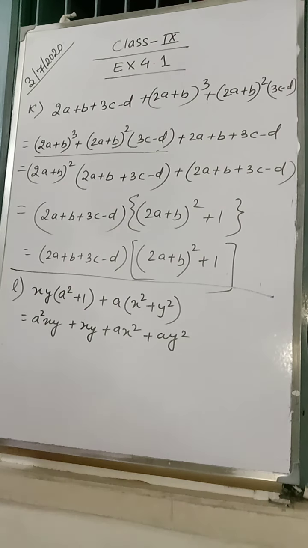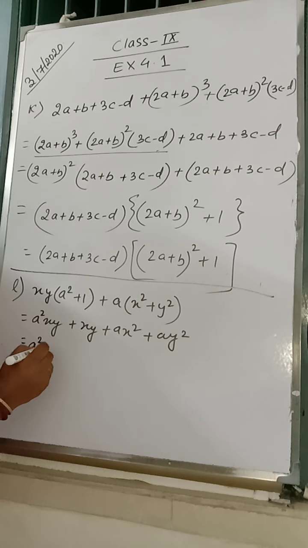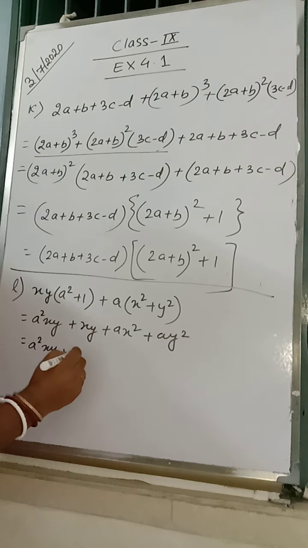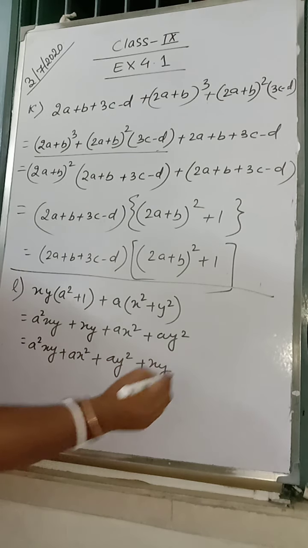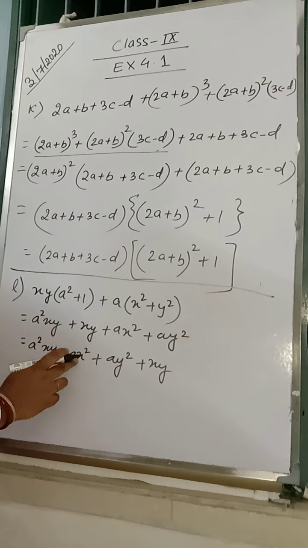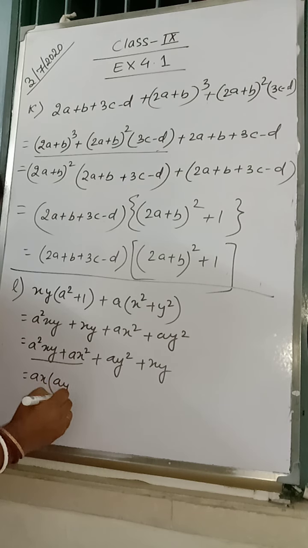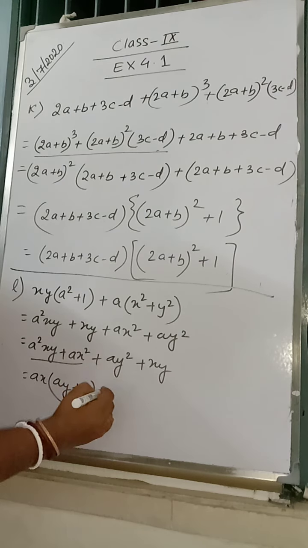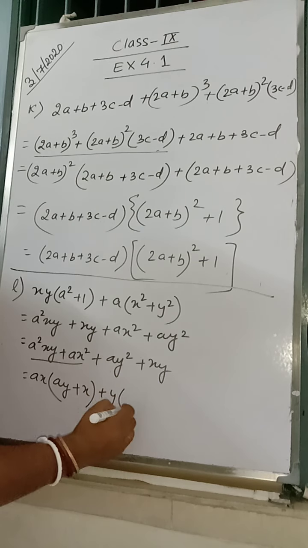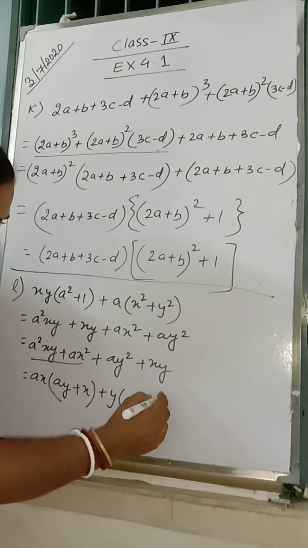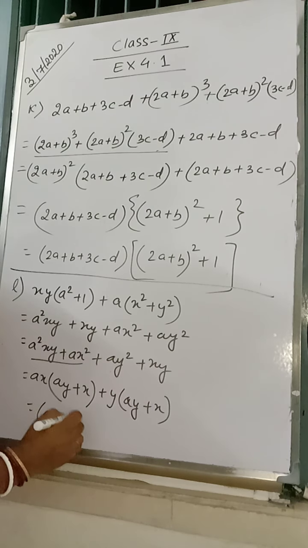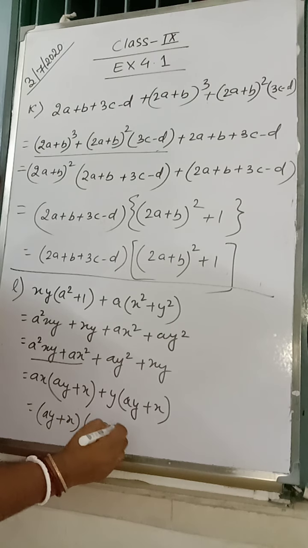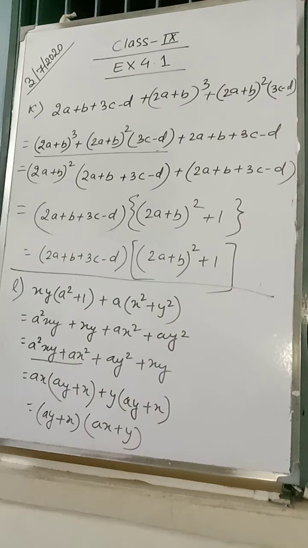Now I will arrange it: a square xy plus a x square plus a y square plus xy. Now from these two I can take ax common, so I am left with ay plus x. Here from these two I can take y common, so I am left with ay plus x. So ay plus x is taken common, and ax plus y is the other factor. Right, this is number L.